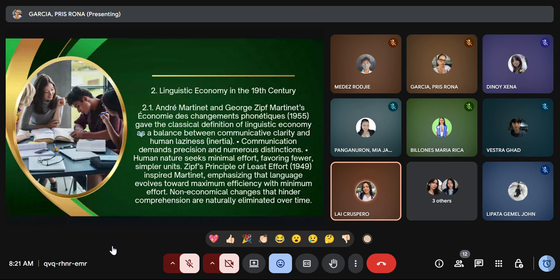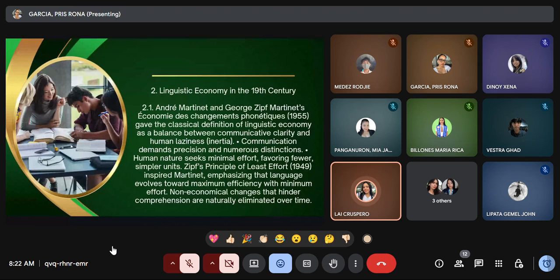Next is human nature seeks minimal effort, favoring fewer, simpler units, which is Zipf's principle of least effort in 1949, being inspired by Martinet, emphasizing that language evolves toward maximum efficiency with minimum effort, and that non-economical changes that hinder comprehension are naturally eliminated over time.